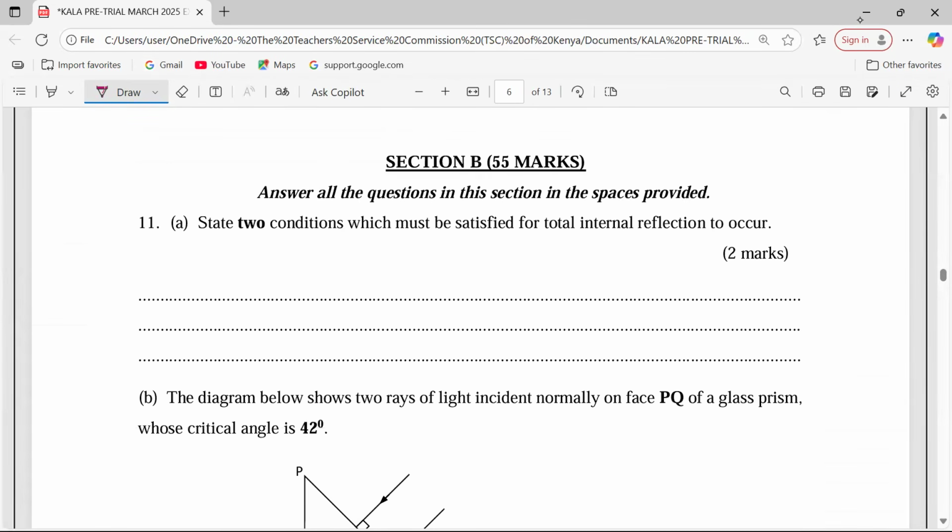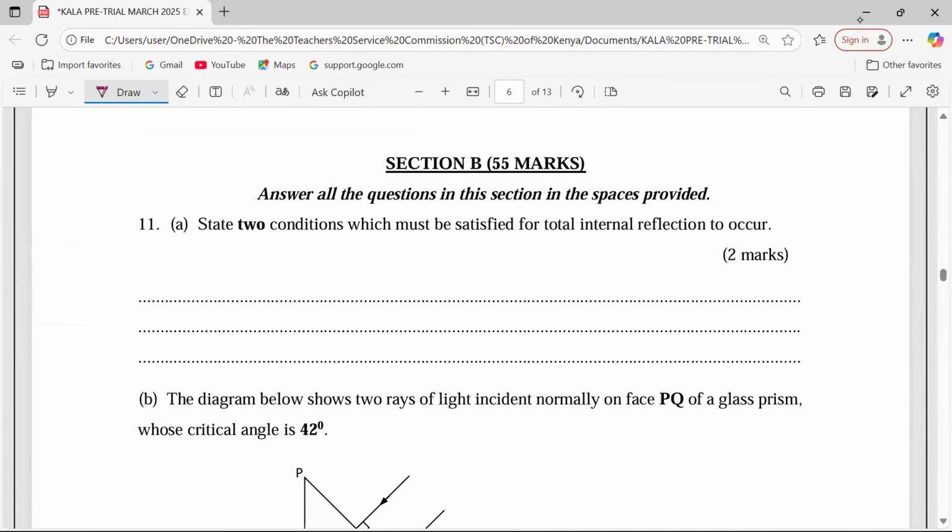We go to section 2, whereby we are now going to cover 55 marks, compulsory marks. State 2 conditions which must be satisfied for total internal reflection to occur.